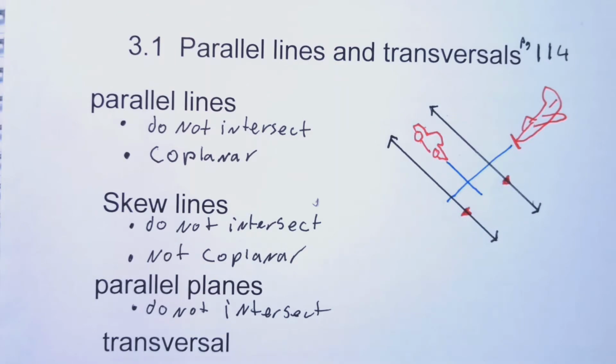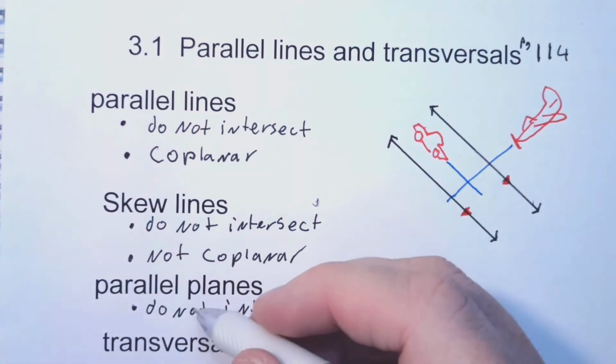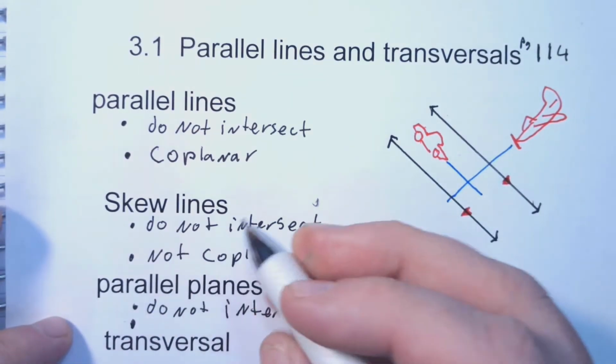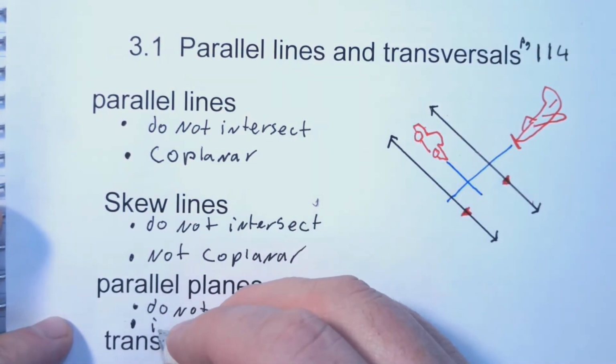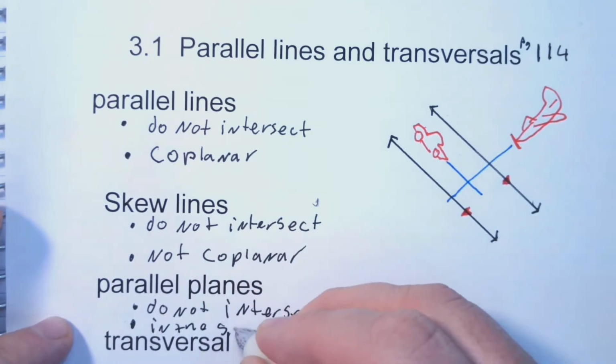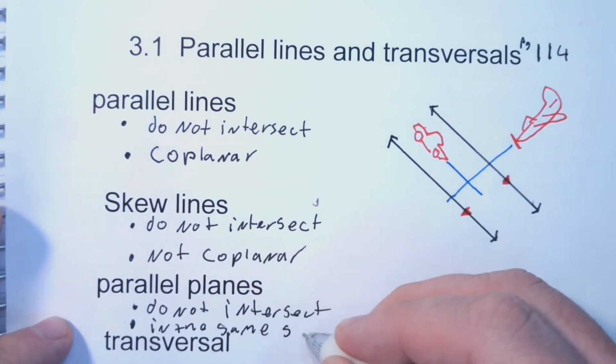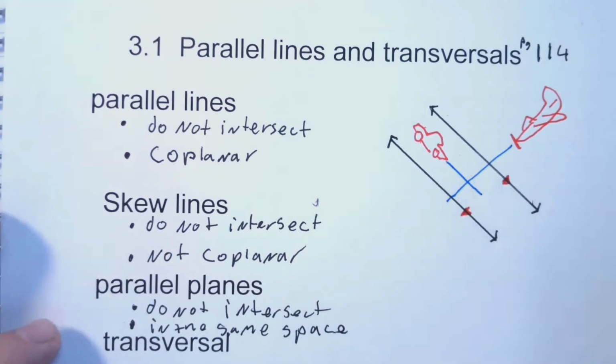What would happen if the ceiling and the floor intersected in this room? We would be crushed, right? So it's a good thing that those two planes are not going to intersect. We want to keep them separated. Technically, they have to be in the same space. Fortunately for us, we will only deal with the same space. We're not going to deal with any other spaces other than the one we know.